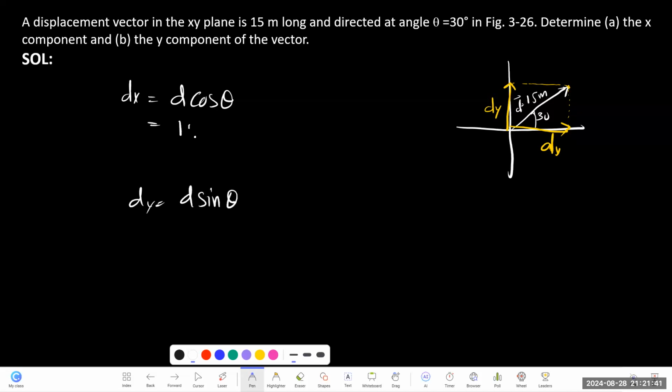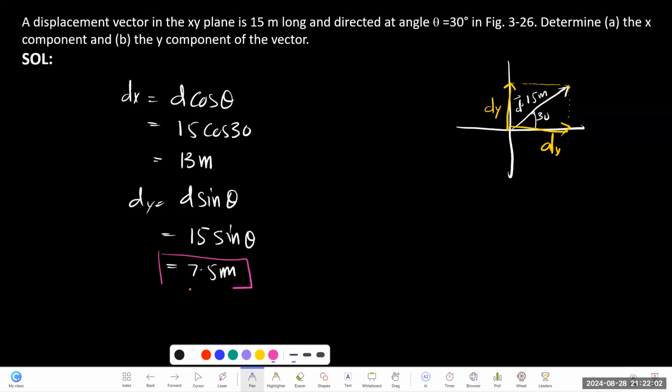D is given: 15 cosine 30, and here the same thing, 15 sine 30. If I take it further, it's going to be 13 meters, and this one is going to be 7.5. That is my answer.